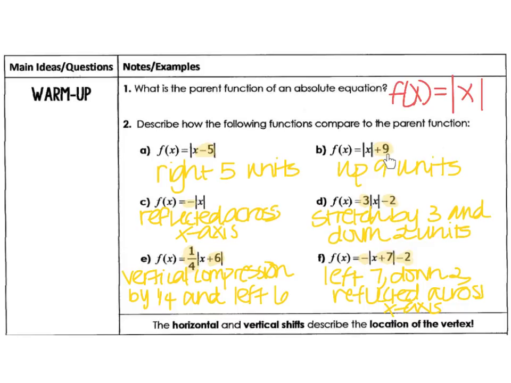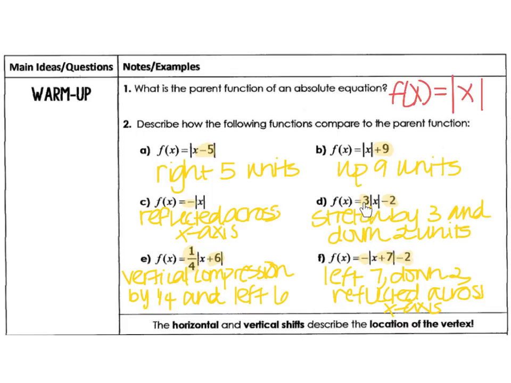So because it's +9 on the outside, this means we're going up 9 units. For C, because there's a negative sign outside the absolute value bars, this tells us we're reflecting across the x-axis. If it was inside the absolute value bars, that would be reflecting across the y-axis.